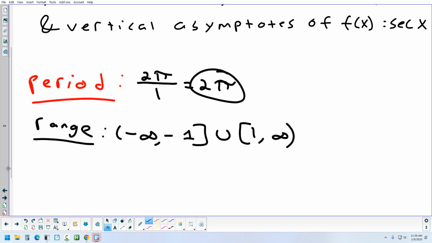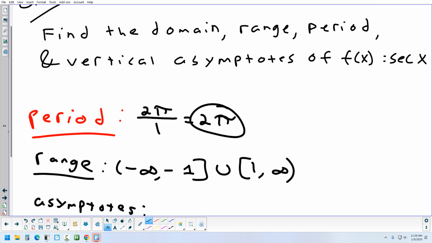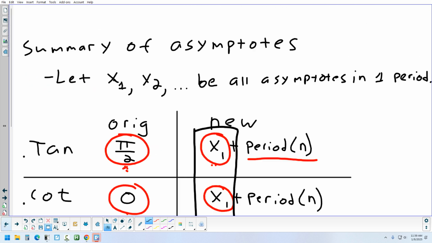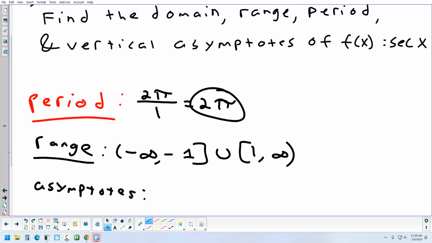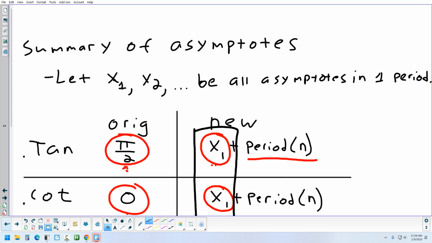Okay, asymptotes. The way that we're going to write the asymptotes is exactly the way I explained them right here. Are there any transformations happening in this one? No. So then, essentially, the new value right here is going to be exactly the same as the old value.